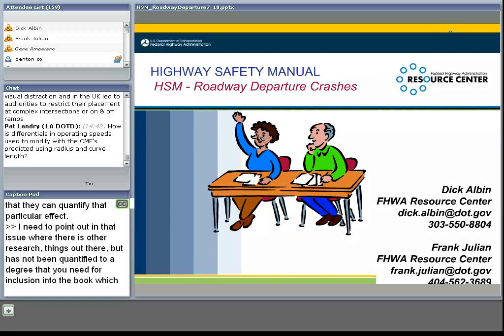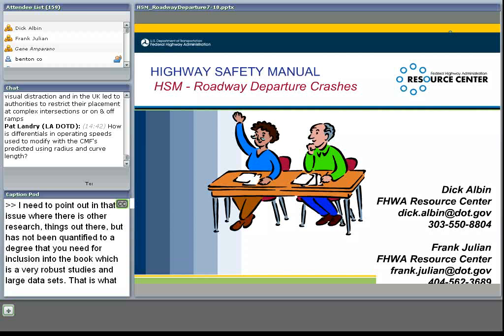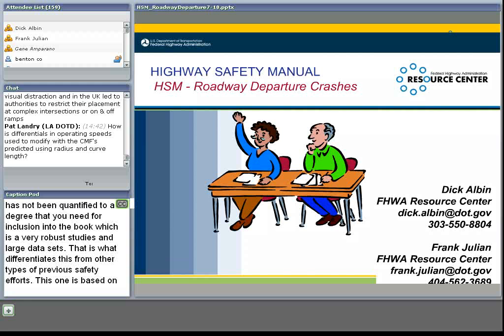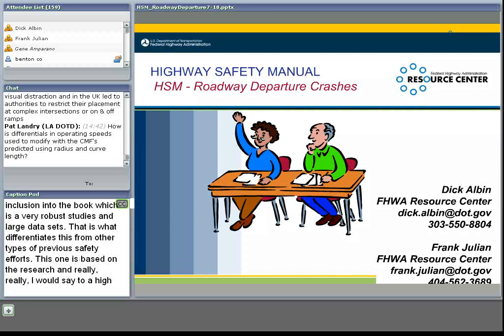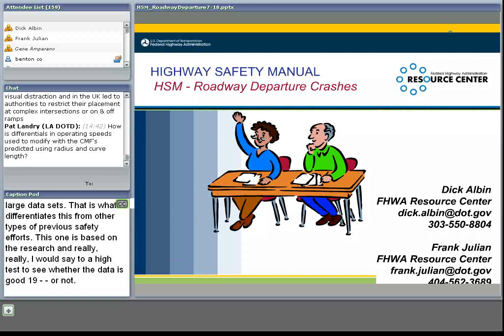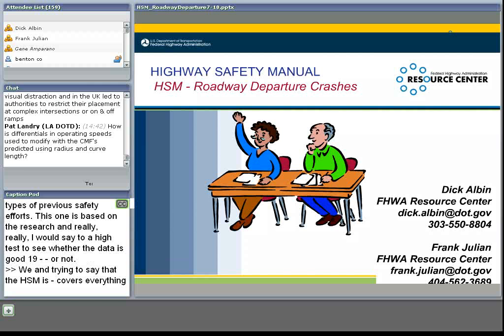That's what differentiates this from previous safety efforts: it is so thoroughly based on the research and put to a high test to see whether the data is good or not. Right, and we're definitely not trying to say that the HSM covers everything that's taken place on our roadways.